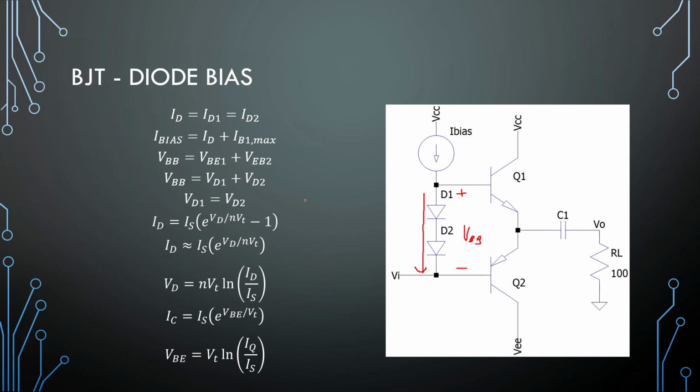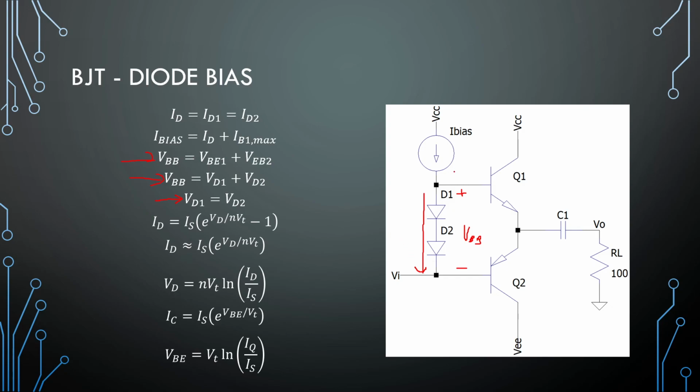VBB is the same as our two diode voltages, and it's the same as our two VBE and VEB values right here. So the first observation is that we create the voltage with the diodes. If we have matching diodes, the two voltages will obviously be the same, because there is the same current flowing through them.